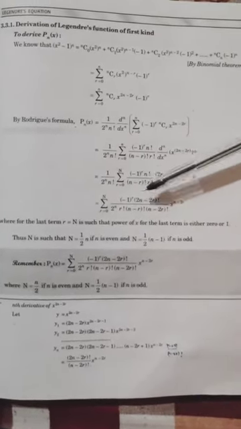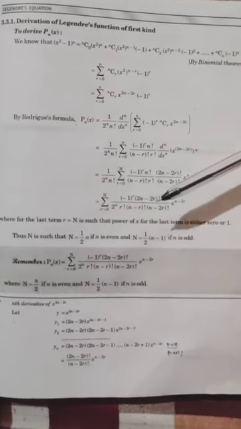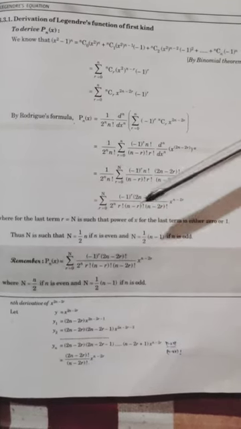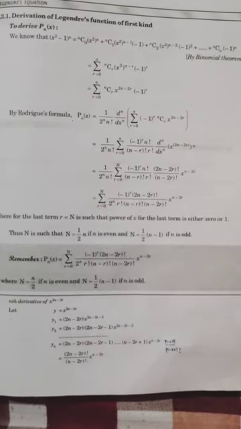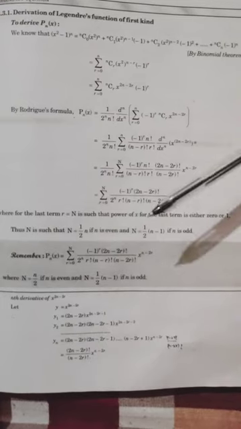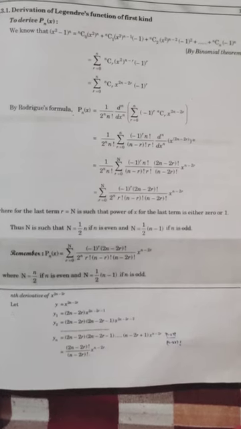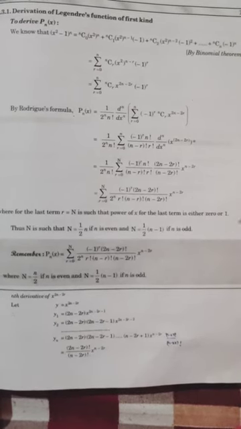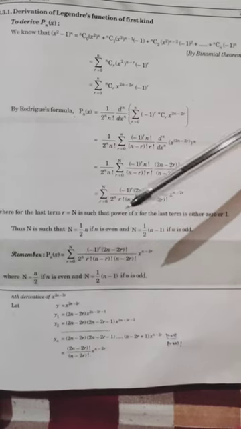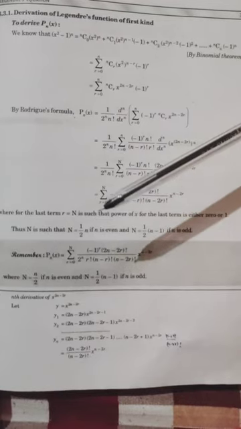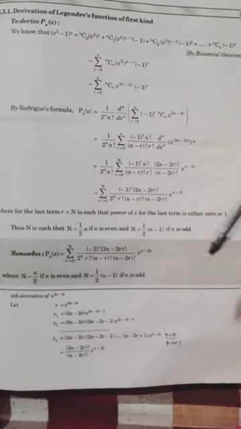So we get the result Pn(x) equals summation of r equals 0 to N of (−1)^r (2n−2r)! over 2^n r! (n−r)! (n−2r)! x^(n−2r), whereas r equals capital N is the last term such that the power of x for the last term is either 0 or 1. So we can say that N is equal to n/2 if n is even and N is equal to (n−1)/2 if n is odd.